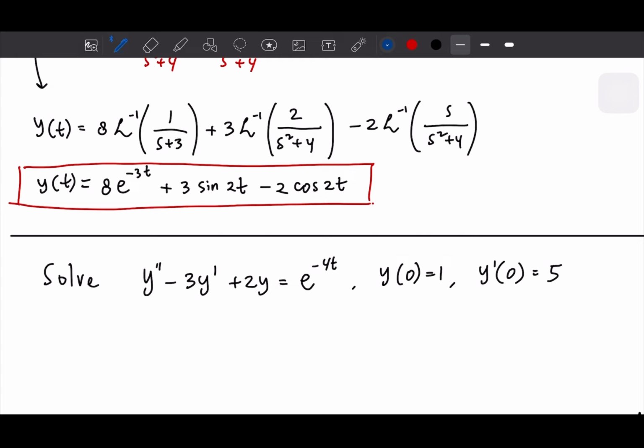Let me give you a couple of minutes just to familiarize with the system. I think you will see a lot of partial fractions. For most of the cases, you're going to see a lot of partial fractions.